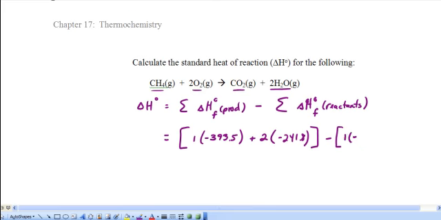So you have 1 times a negative 74.86. The 1 here is because you only have one of them out front here. And we're going to add the oxygen. Of course, the oxygen is 0 because it's an element already in its standard state. So it's going to look something like that.